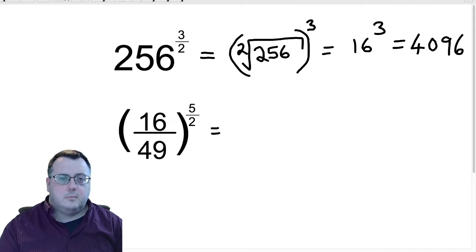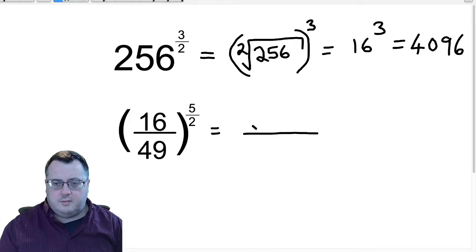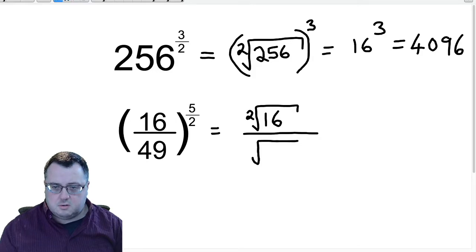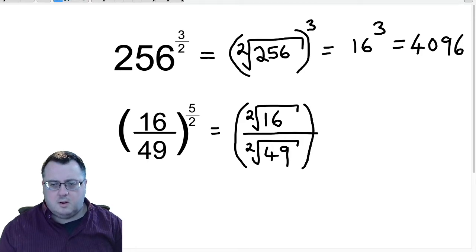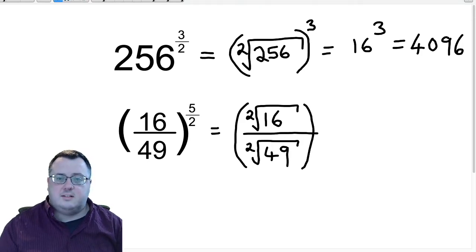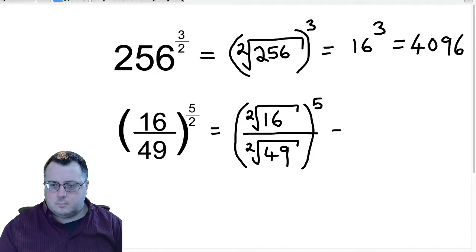Well, the over 2 denotes the root, so we're going to have the square root of 16 and the square root of 49. And we're going to be raising that to the power 5.